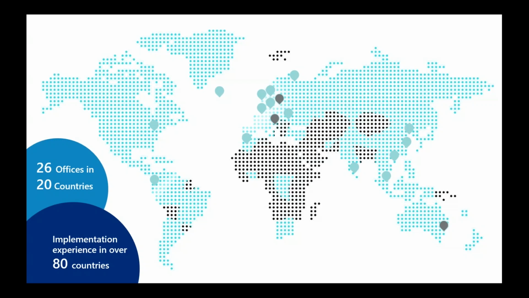Now, not only do we deliver these software solutions to our customers, but as an organization, we're also a user of them ourselves. So we went live as one of the very first businesses to go live on F&O, and we use that globally as our finance and project solution. We are also using the sales application and customer service application within CRM to manage sales and our customer service or support desk.